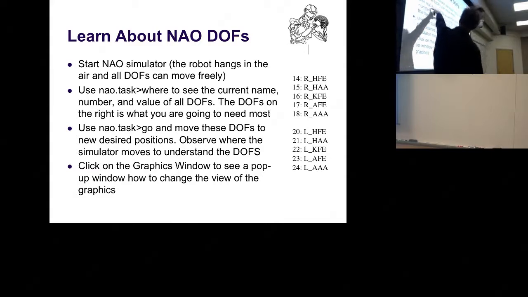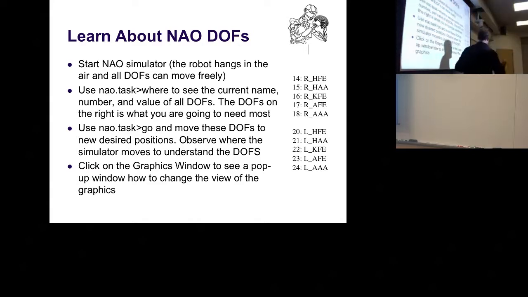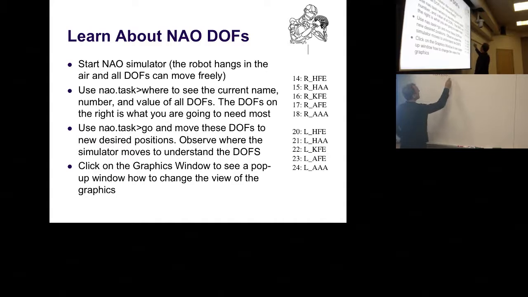On the NAO task process, if you type there, there's a few useful commands. The most useful one, on every one of these processes, is to do the old-fashioned Unix help command, which basically lists all possible commands that you can use in the interface. There's about 20.